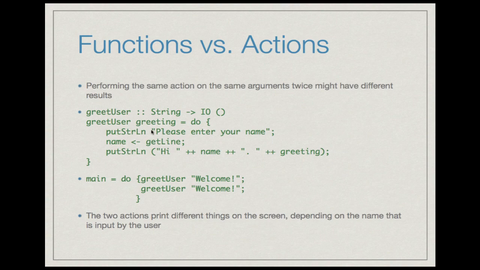So this shows that performing the same action on the same arguments twice might have different results, and this is a fundamental difference between actions and functions.